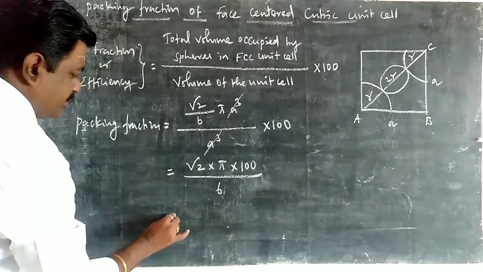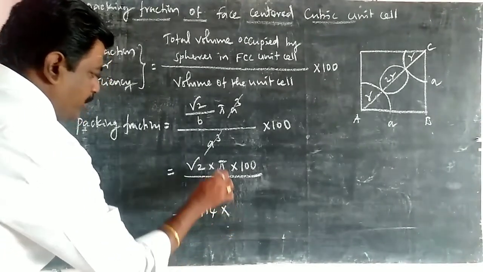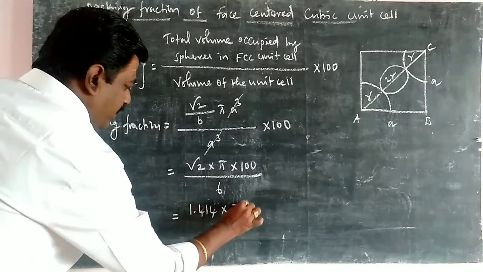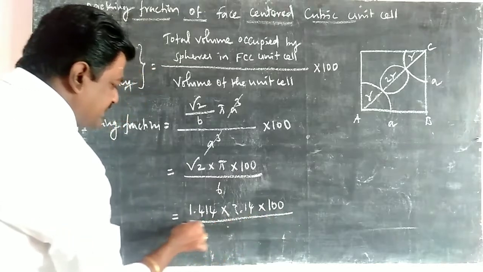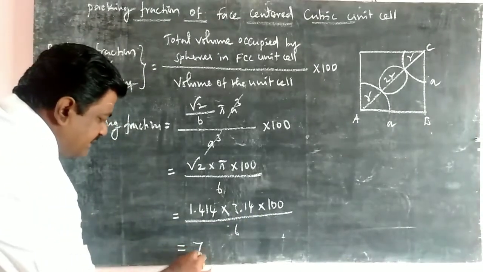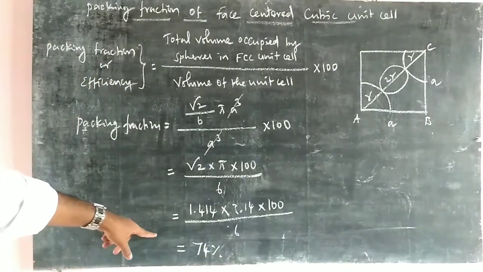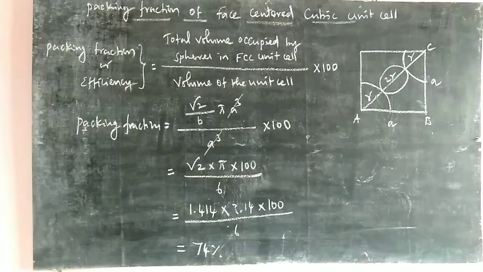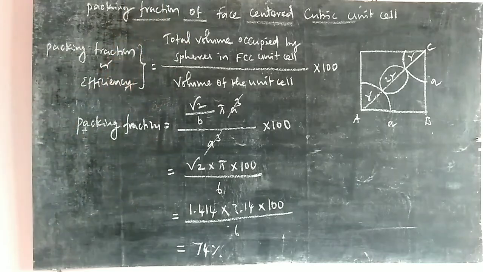You substitute the values: root 2 is 1.414, pi is 3.14, into 100 divided by 6. You simplify this value and you will get the final value, 74%. 74% is occupied. This is the packing fraction or packing efficiency of the face-centered cubic unit cell.